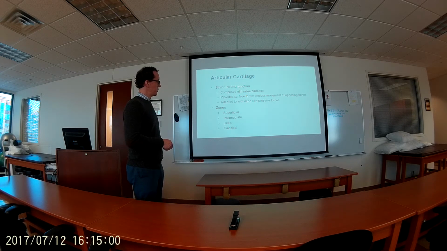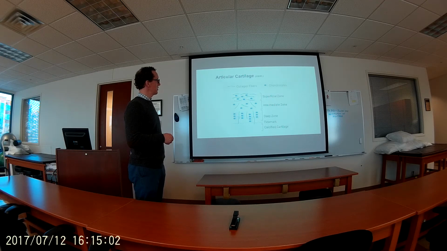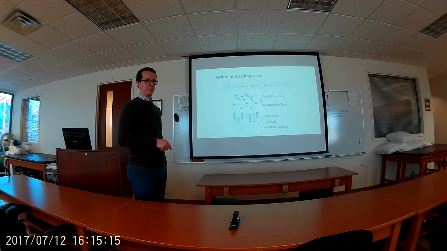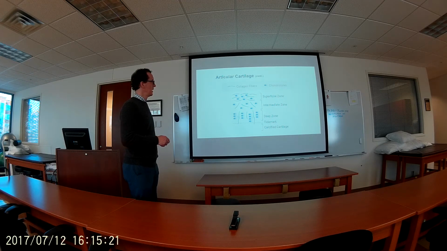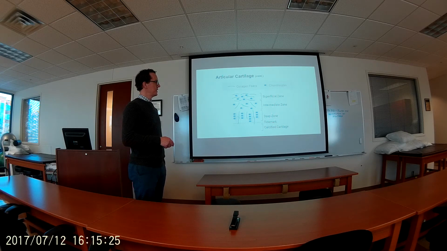But there are zones that are set up for our articular cartilage. And so the blue dots are the chondrocytes, the lines are collagen fibers, but you have a superficial zone, intermediate zone, a deep zone, this line, and then cartilage, okay? So remember, chondrocytes are the specific cells in our body that make cartilage, and some of these zones can heal and some of these can't.